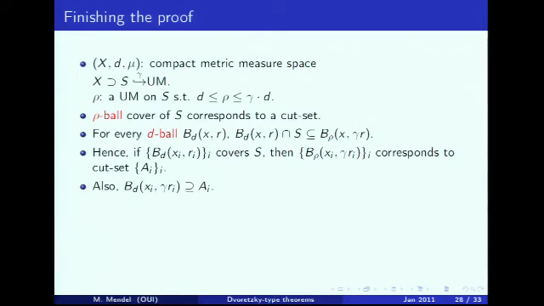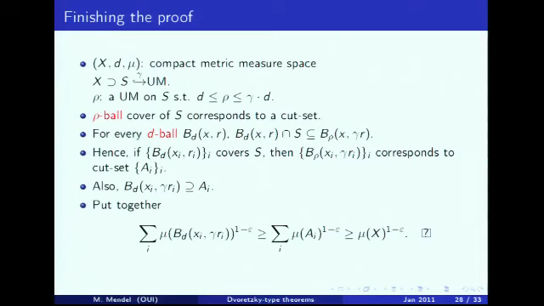So they contain cut sets. You can put everything together: the measure of the d balls of radius gamma Ri is at least the measure of Ai. And this is the cut set property that I just proved.